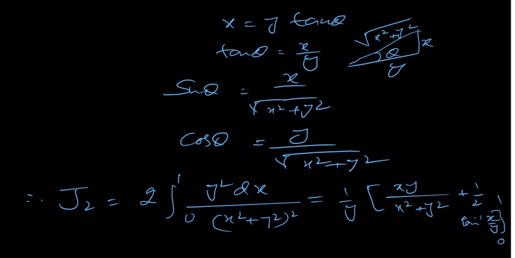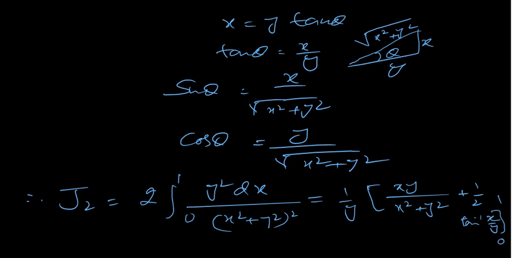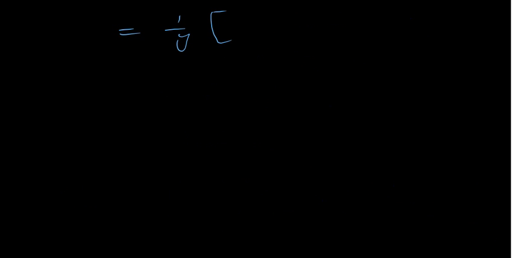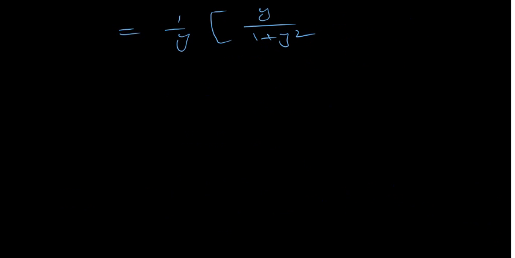So it's equal to 1 by y times y divided by 1 plus y square, then this one is 1/2 of tan inverse 1 by y plus 1/2 of tan inverse 1 by y.